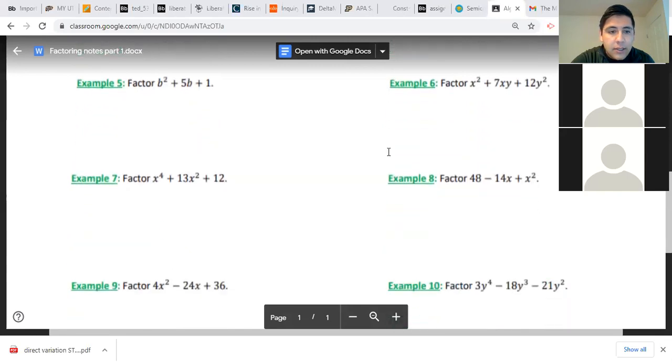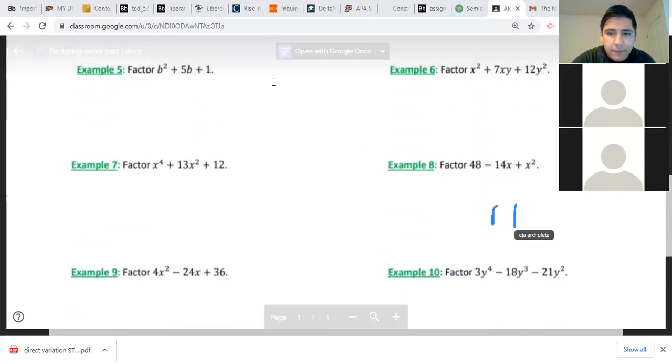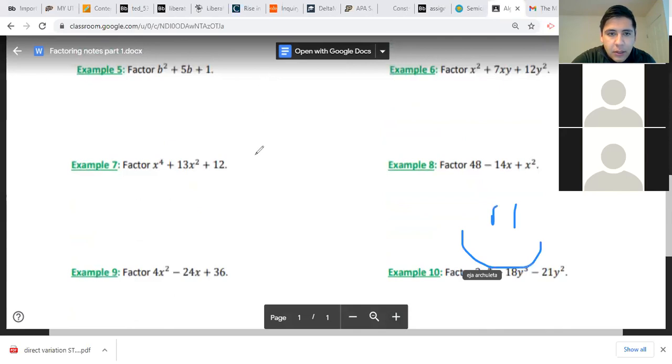All right, let's go with this one, with 12. What are the factors of 12? 1 and 12, 2 and 6, 3 and 4.